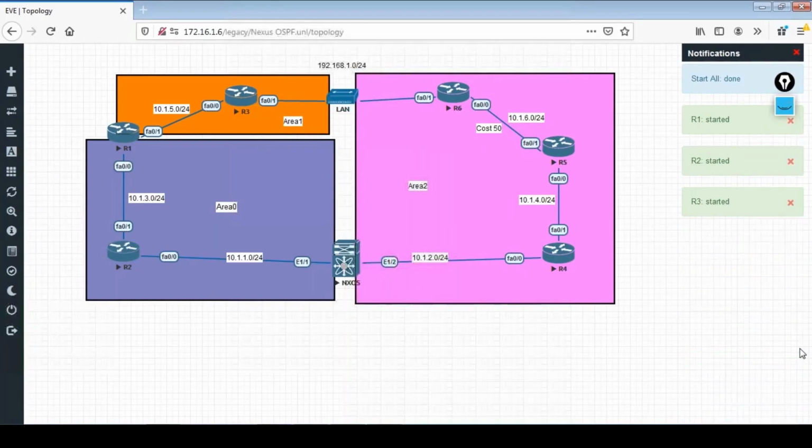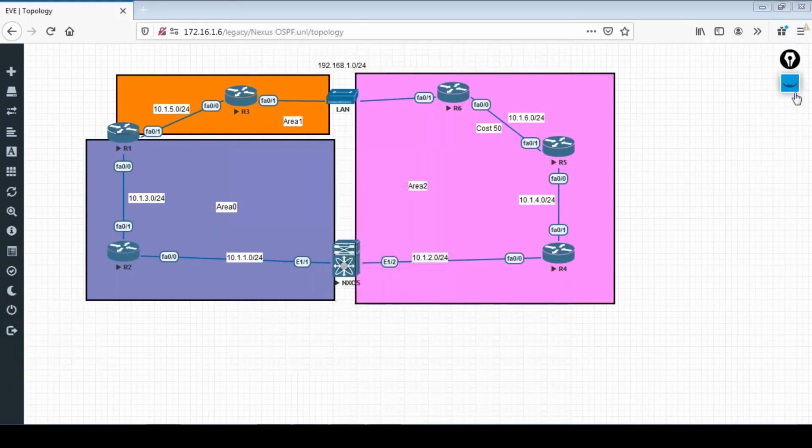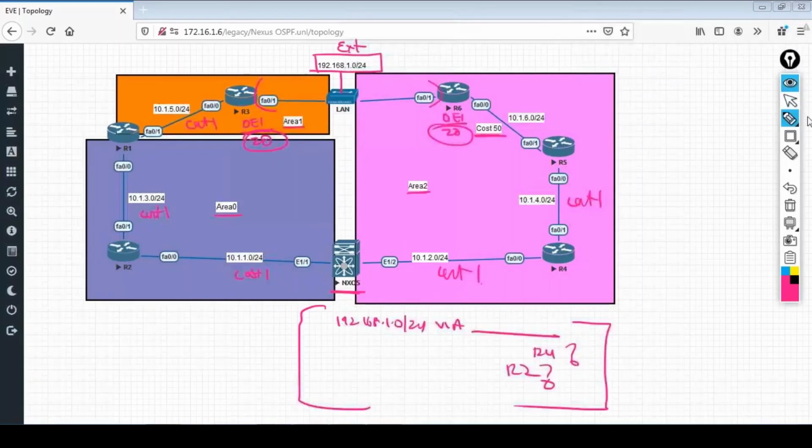And NXOS has that router discovered via the router LSA type 1, because R6 can be seen on the NXOS as a type 1 router, so it's internal. So it's the most trustworthy, I would say, in that case. Okay. So one answer is R4.